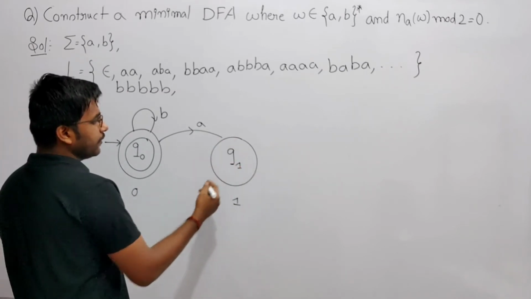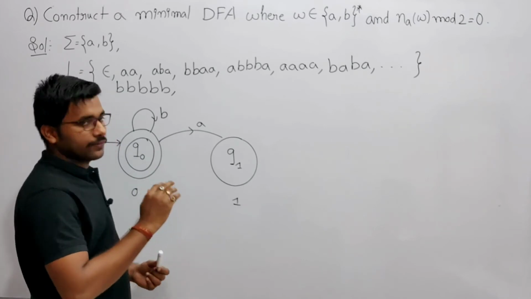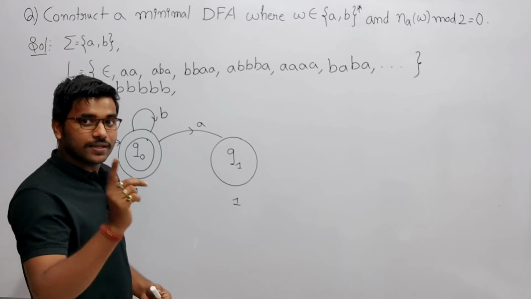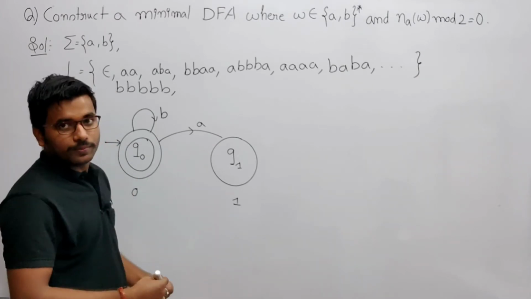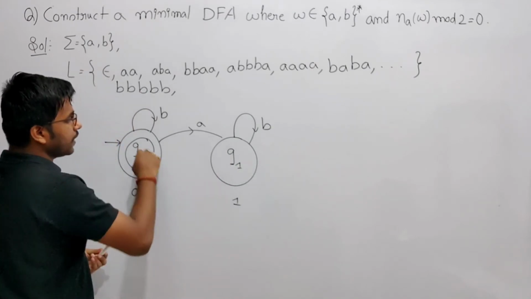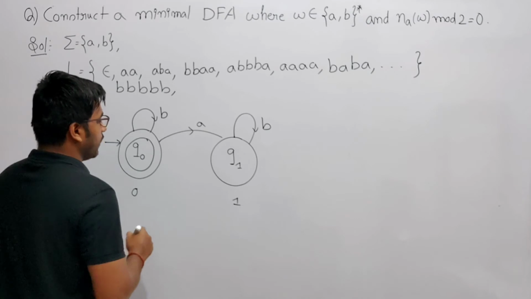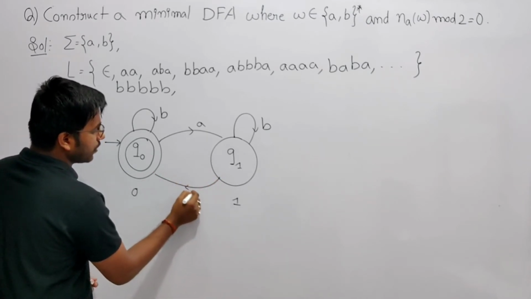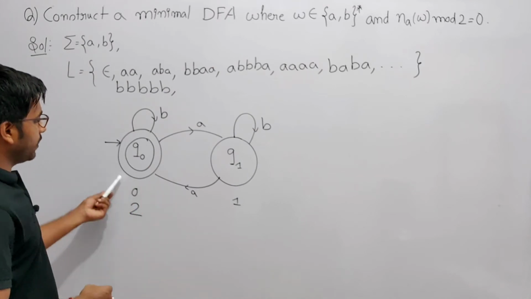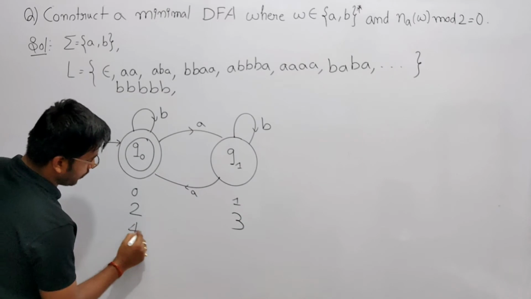Now here again if you get any number of B, the number of A is going to remain the same. Since I am concentrating on the number of A being divisible by 2, I am keeping a loop of B. Because after any number of B, the number of A is still 1. Again A, the number of A is now 2. Divide by 2, you get remainder 0. Again A: 3, 4, 5.